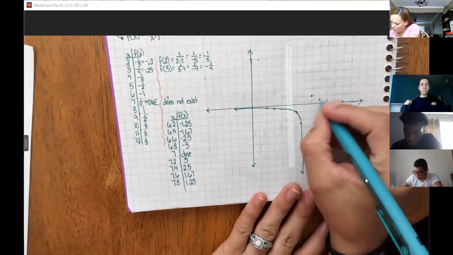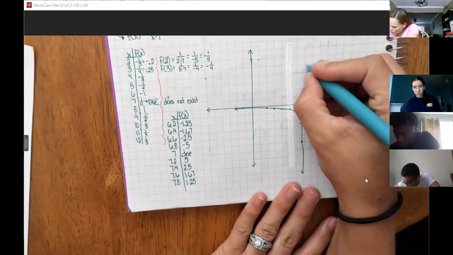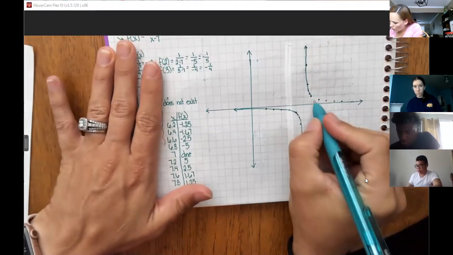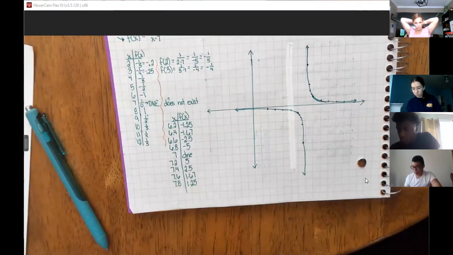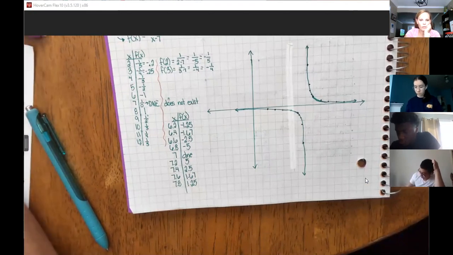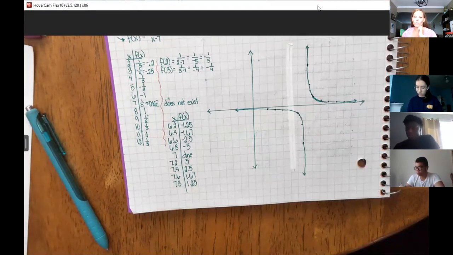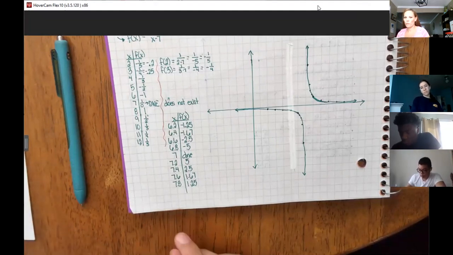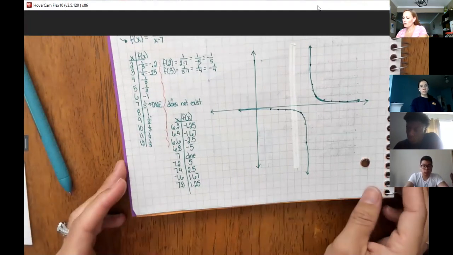And then this half, same thing, I'm going to plot the points on the other side. Okay, so that's kind of what our graph looks like.